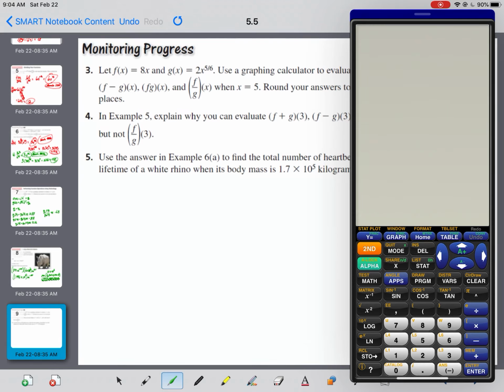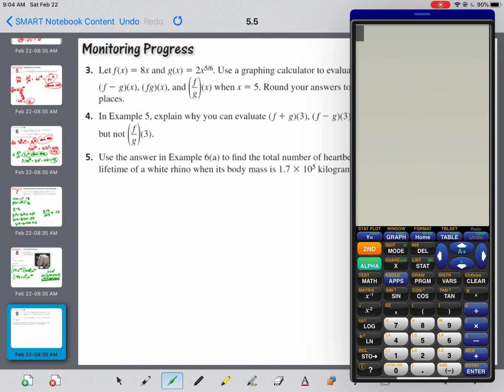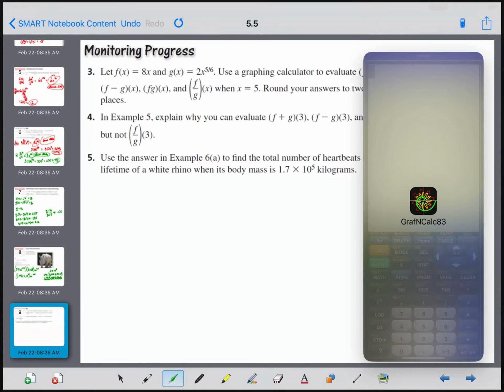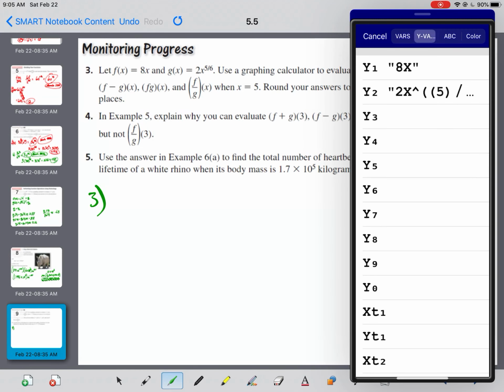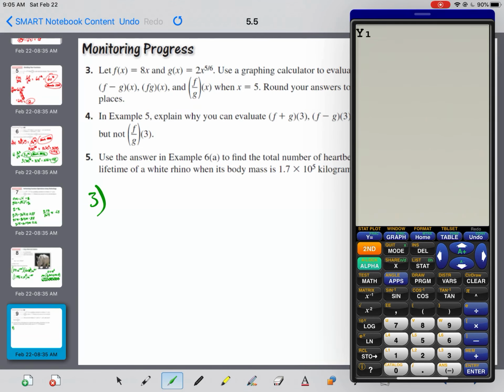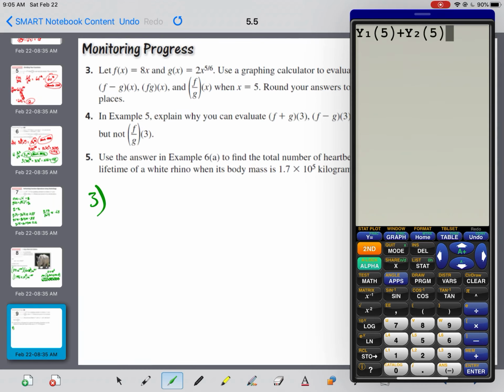And then we're going to quit. So we want to do all of them when x is 5 and round to 2 decimal places. Okay, so number 3, I'm going to do vars 1 and of 5 plus vars 2 of 5, enter.